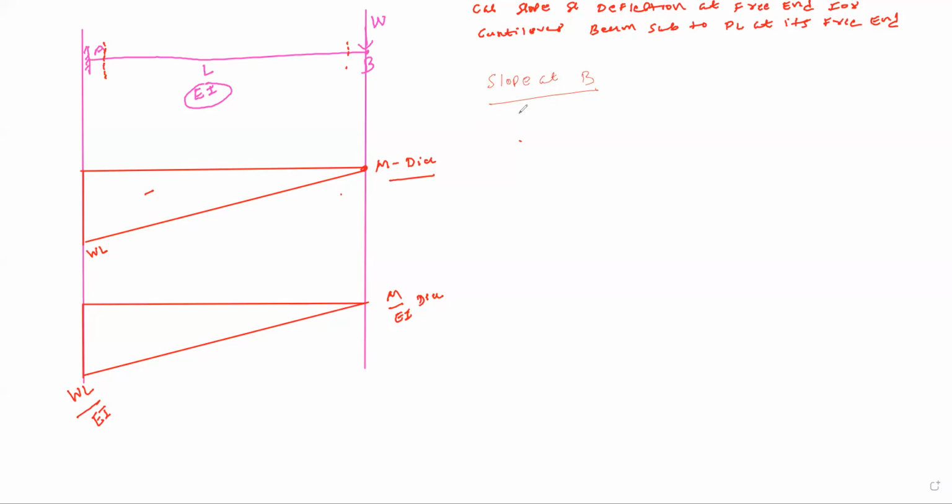Now the question is, which 2 points are to be considered? Keep in mind, whenever we calculate slope or deflection, we start from the point where the calculation is required, and our last point is our boundary condition point.